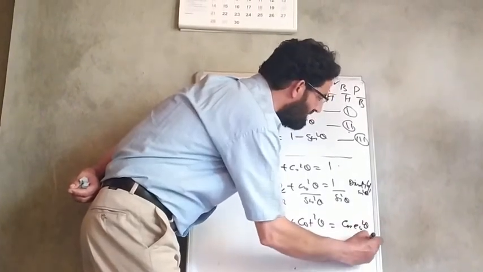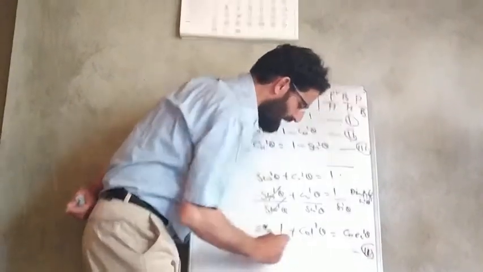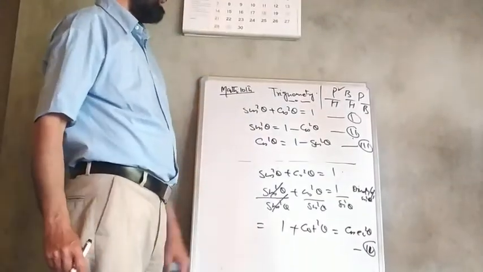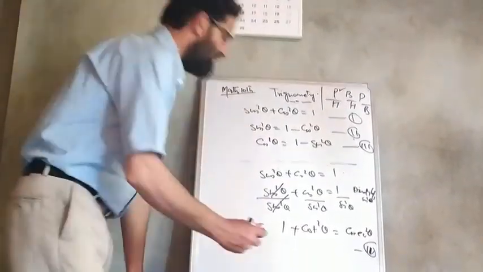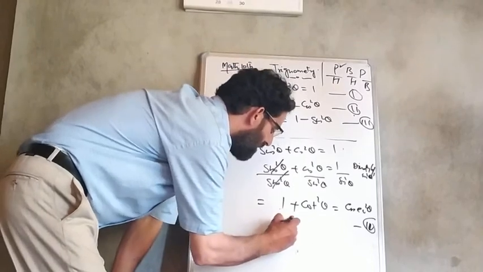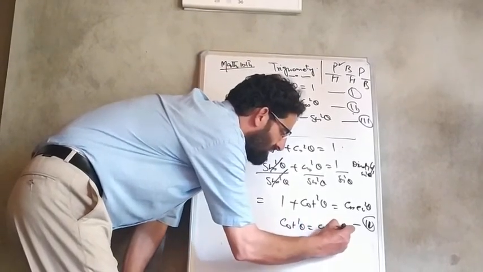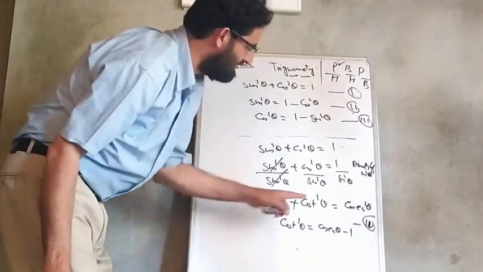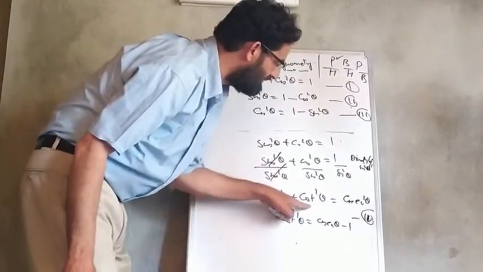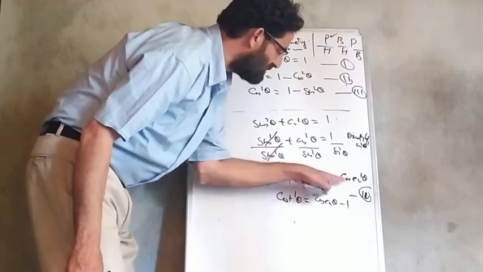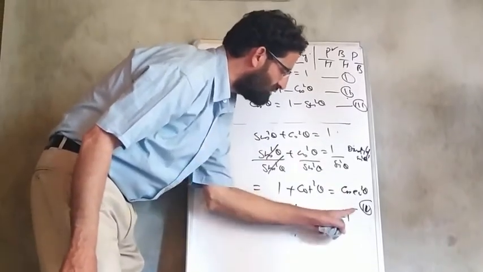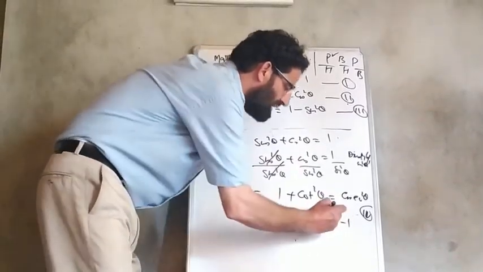So this is identity number 4: 1 plus cot square theta is equal to cosec square theta. Or you can write here cot square theta is equivalent to cosec square theta minus 1. Very simple. Plus 1 is transferred to this side, and we get cosec square theta minus 1.